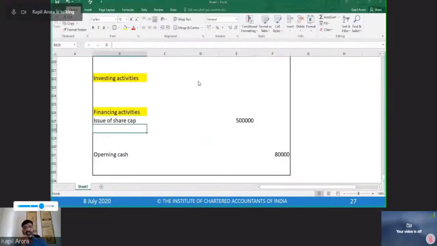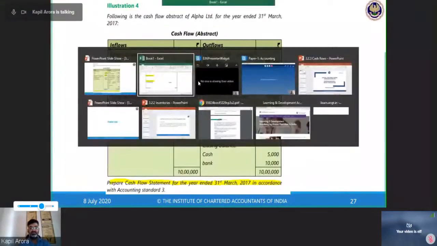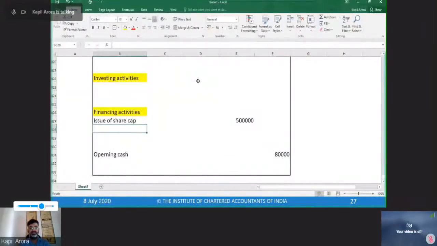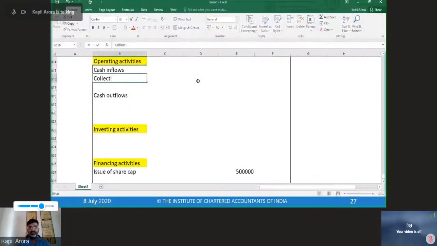Then we have collection on account of trade receivables. Collection from trade receivables will come here in operations, which is 3,50,000.